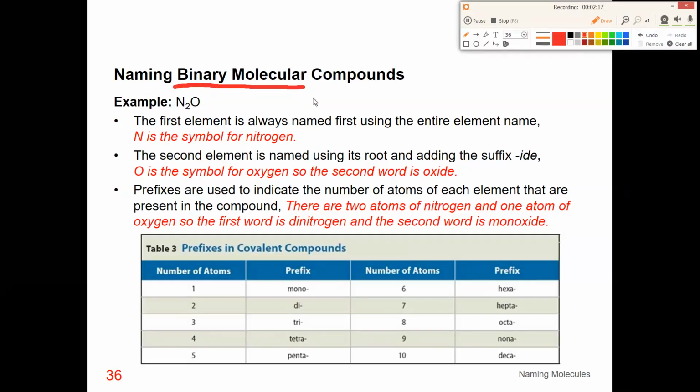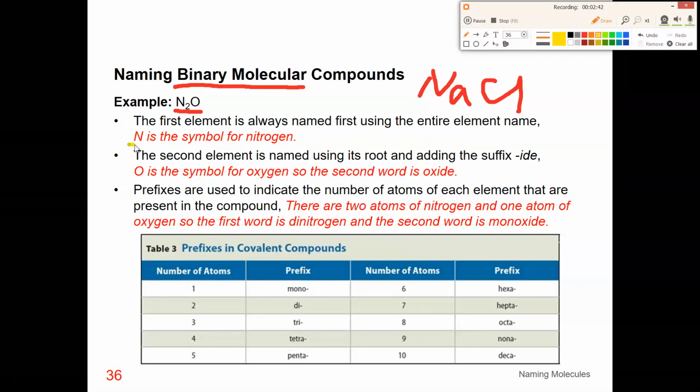covalent compound. It's kind of similar to the ionic compound like sodium chloride. So first element, in this case, is nitrogen in the formula.